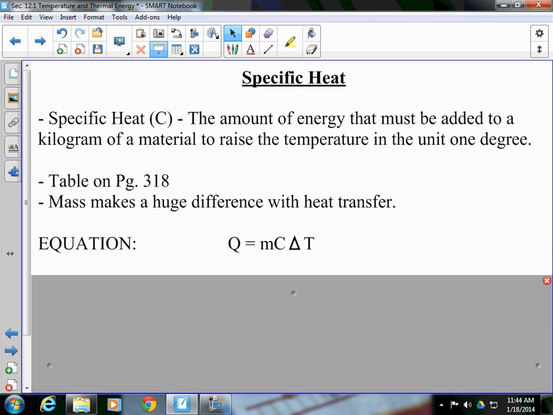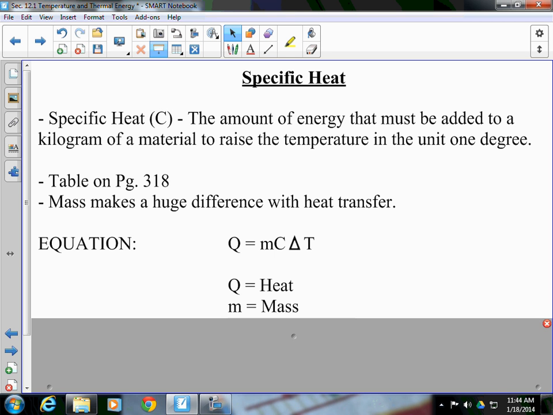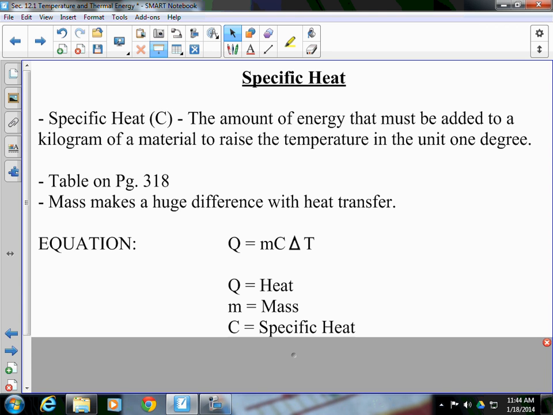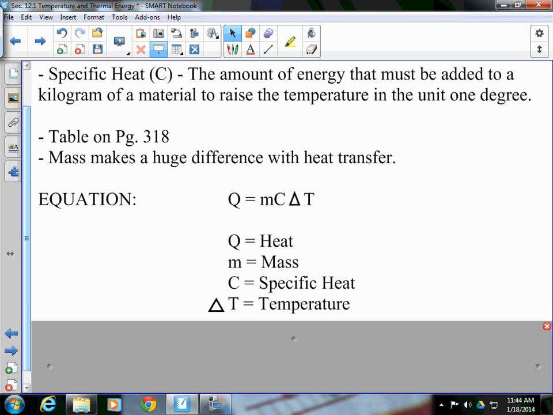Q is equal to heat. Heat is measured in joules. M is mass. Mass is measured in kilograms or grams. C is specific heat. That's the table on page 318 that you will use. And change in T is the change in temperature. But remember, temperature has to be in Kelvin.